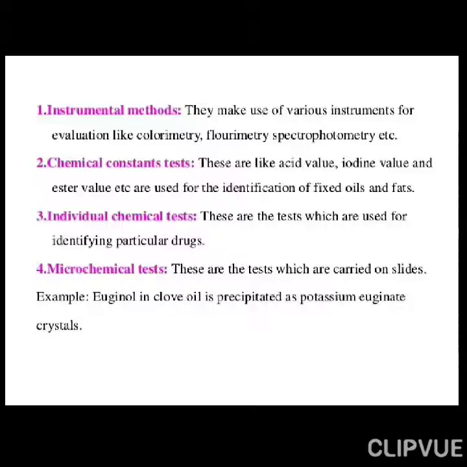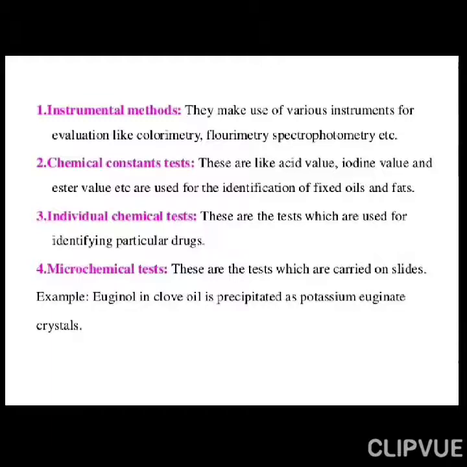In colorimetry we are going to estimate the quantity of the chemical constituents present in the given sample of extract. Estimation of flavonoid, estimation of glycoside, estimation of alkaloid, we are going to determine with the help of colorimetry. Fluorimetry, right. Here the fluorescence tells you about the chemical present in the drug, because of the type of fluorescence we are getting: blue fluorescence, red fluorescence, green fluorescence.